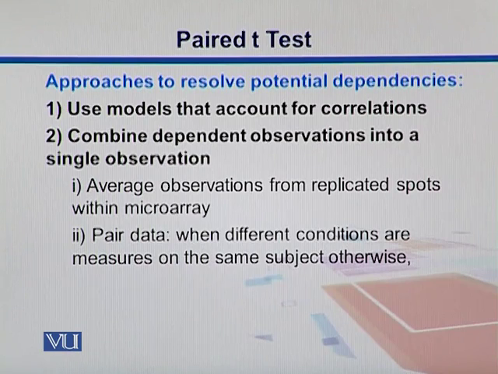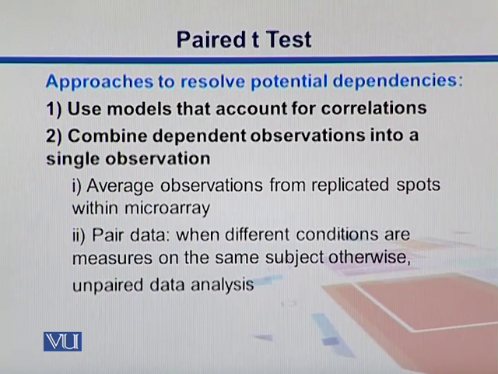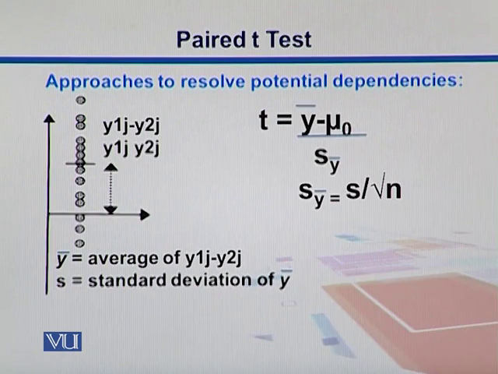Sometimes you have different conditions that are measured on the same subject; otherwise, if they are measured on different subjects, you can use unpaired data analysis. So here is the pictorial representation. Here you see only one distribution, and each individual data point represents the difference between two data points which are paired, coming from individuals who are correlated with one another.